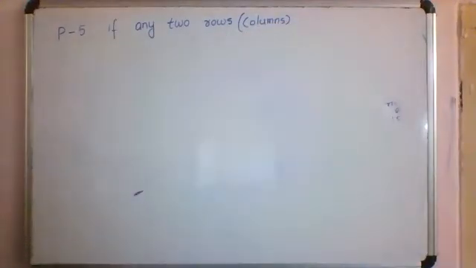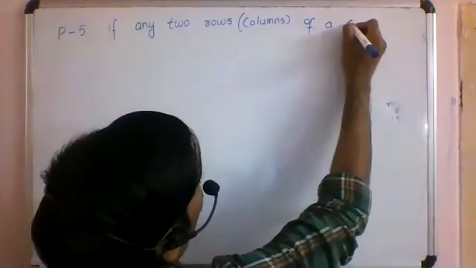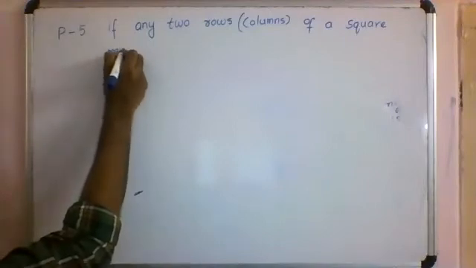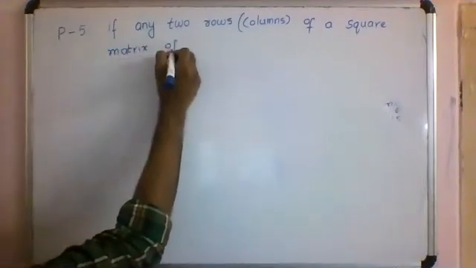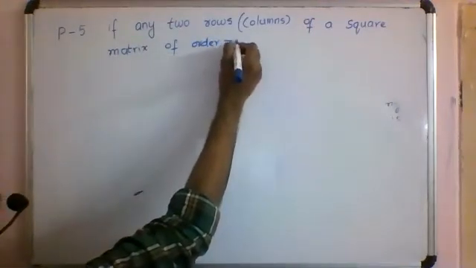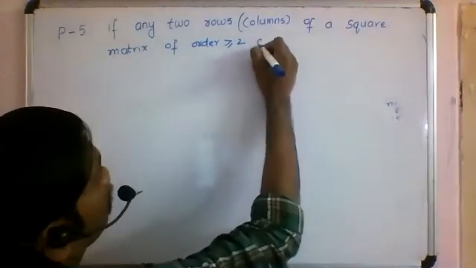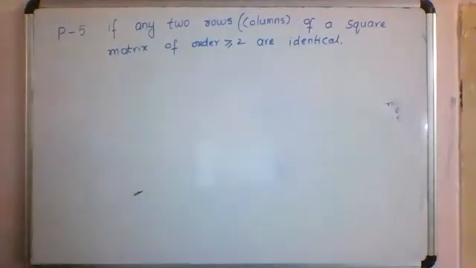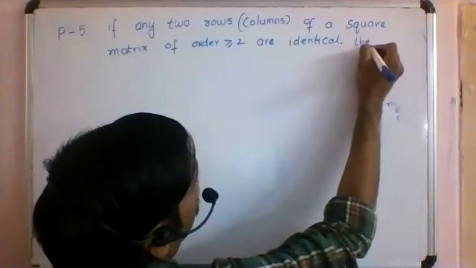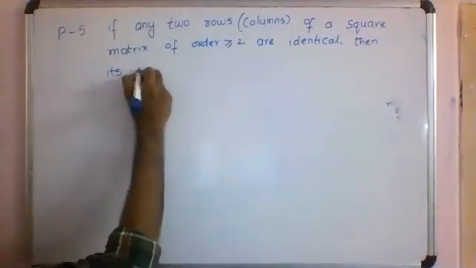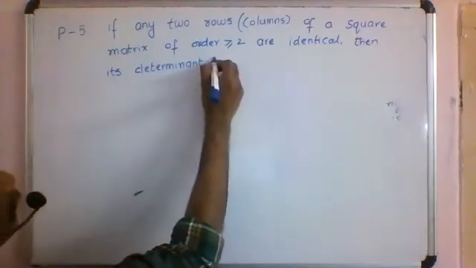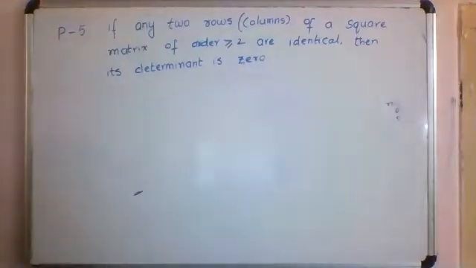If any two rows or columns of a square matrix, if you take of order greater than or equal to 2 by 2, if two rows or columns are identical, then its determinant is 0. This is one more property.